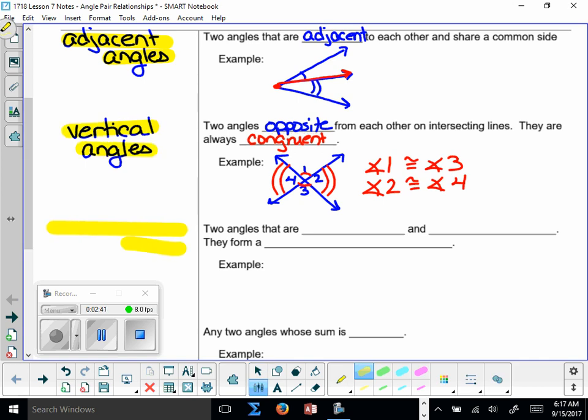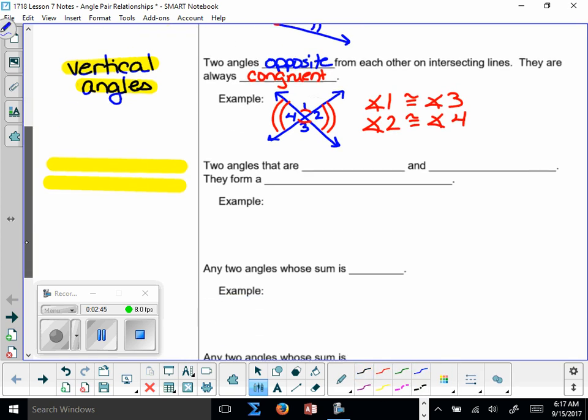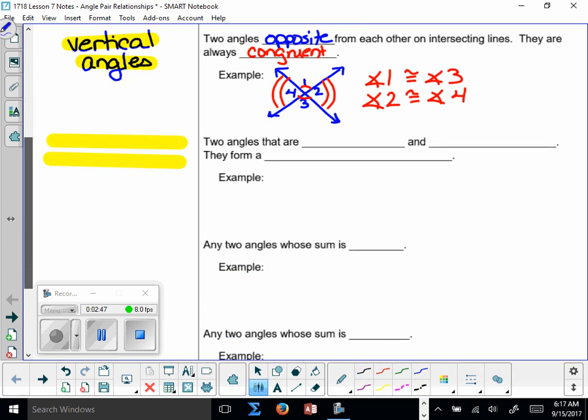Next up, we have my favorite angle-pair relationship. Two angles that are supplementary and adjacent. What does that look like? Well, it looks like this.